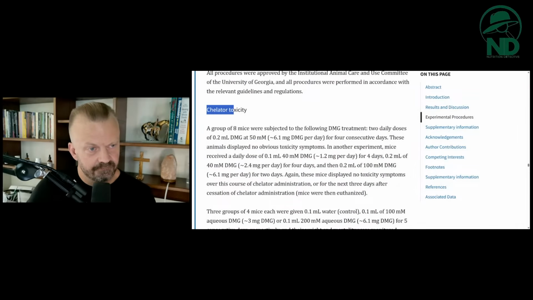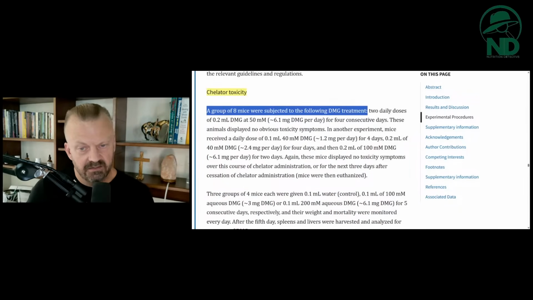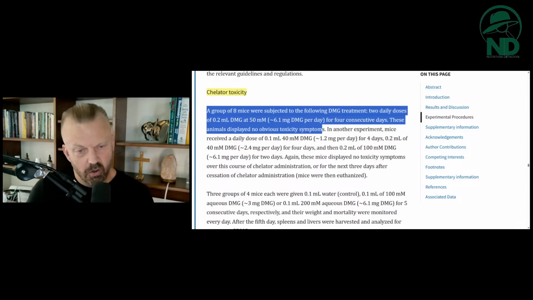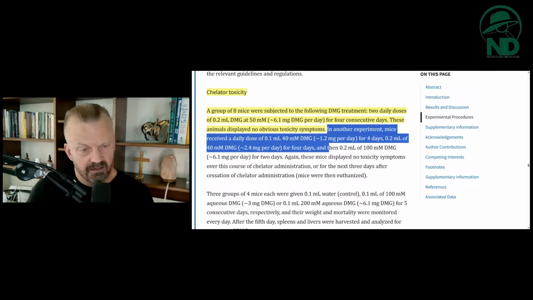Chelator toxicity. Was the DMG toxic to the mice? A group of 8 mice, they got the following DMG treatment. These animals displayed no obvious toxicity symptoms. In another experiment, they got another dose.